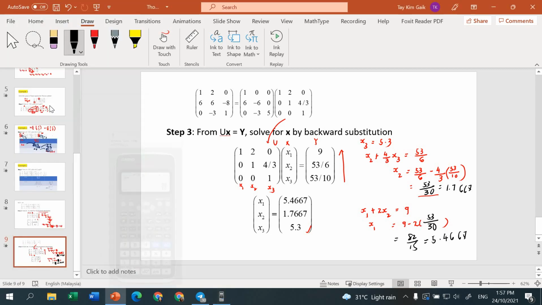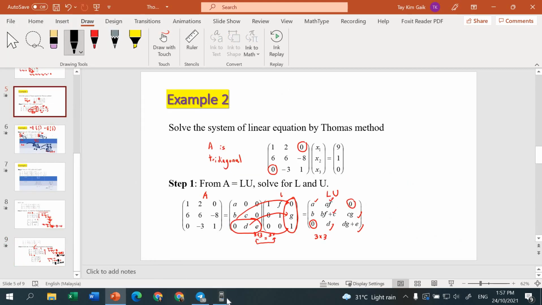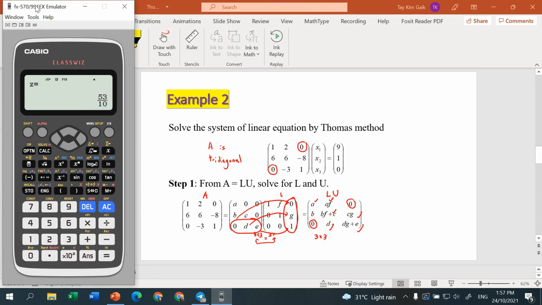You can always double check with the original system. Key in the original system in equation mode, and the answer should tally with step 3: 1, 2, 0, 9; 6, 6, negative 8, 1; 0, negative 3, 1, 0.